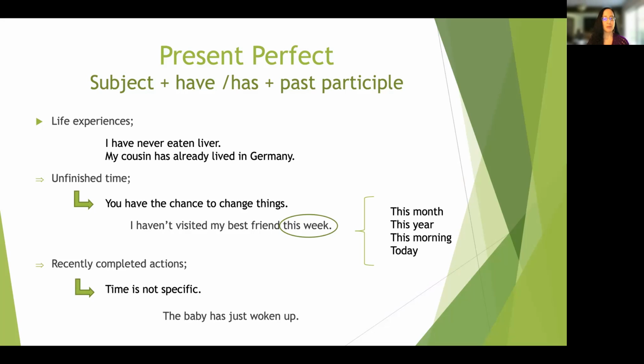Now, you notice the main verb here is an irregular verb, because it's the past participle of wake. Okay, so just means the time is not specific. It just happened. It could be 2 seconds ago, it could be maybe 20 minutes ago, but usually it's within 1 minute to maybe 20 minutes.